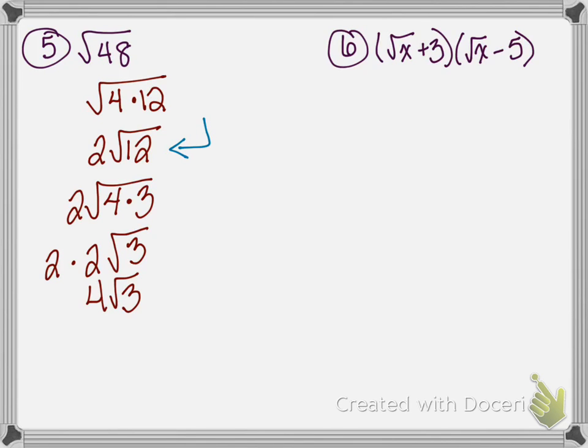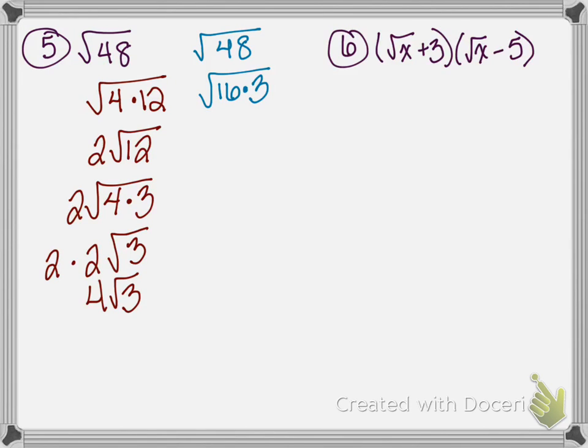If you look at that and you're like, okay, 12 has a perfect square in it, I'm going to keep going. The best way to do this problem is to break up the square root of 48 into 16 times 3.